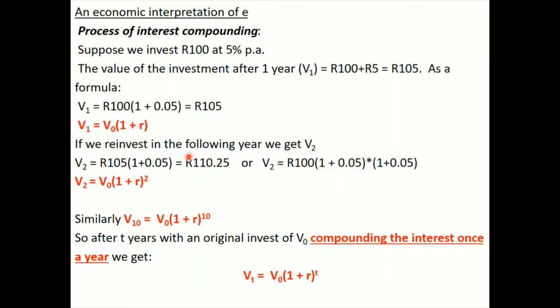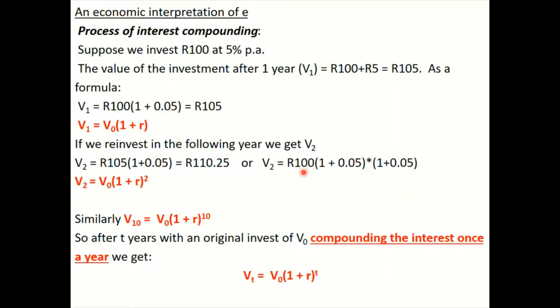Another way of setting out this calculation would be as follows. The value of our investment at the end of year 2 is the value of our investment at the beginning of the time period.